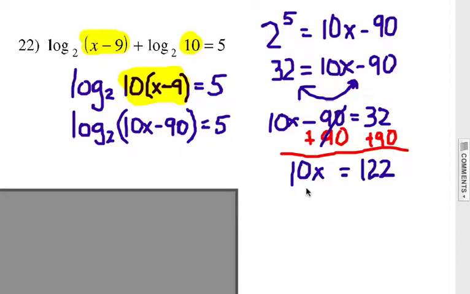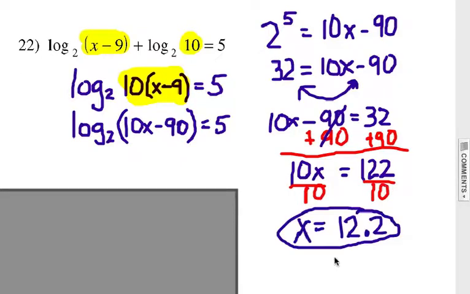So this will give us 10x equals 122, and divide each side by 10 to get our final answer, 12.2. Okay, so we used the property here where we can condense it together. It's a multiplied out expression, and then we write exponentially this expression to get our equation to solve.